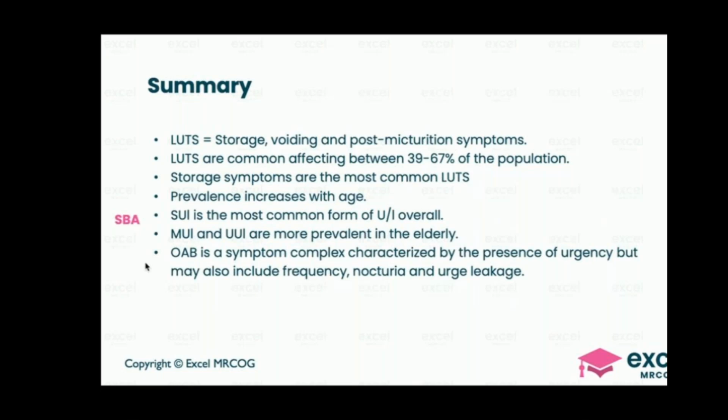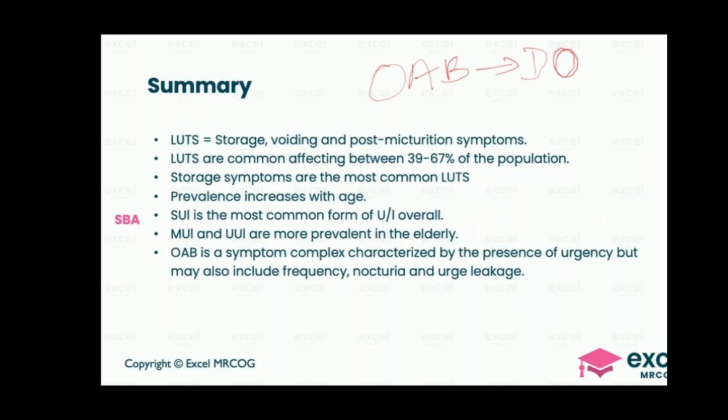All right. So, overactive bladder is a symptom complex characterized by presence of urgency, but may also include, as we have already seen, frequency, nocturia, urge leakage. You must understand that OAB is basically because of detrusor overactivity.